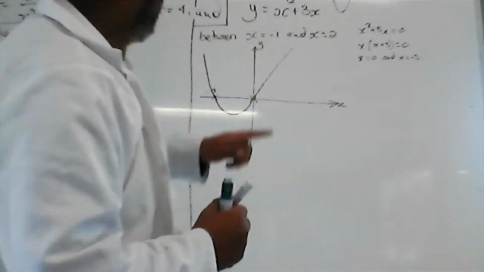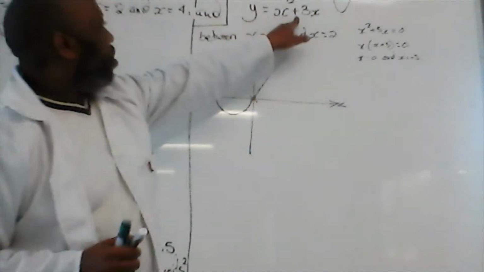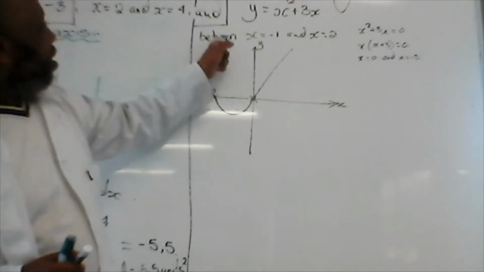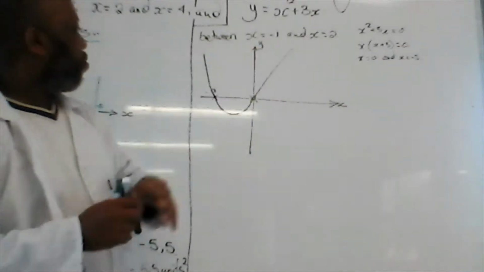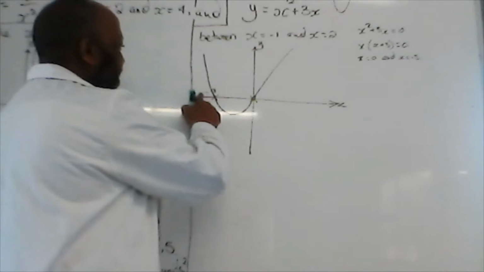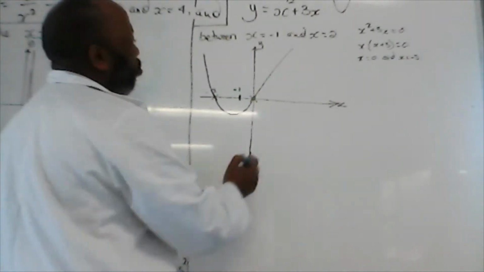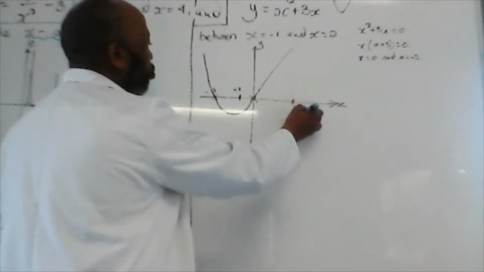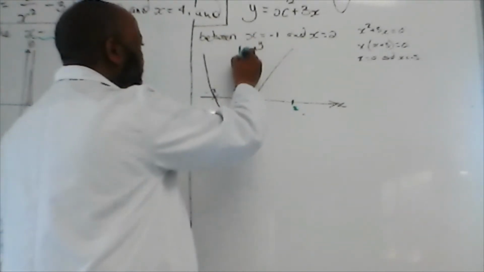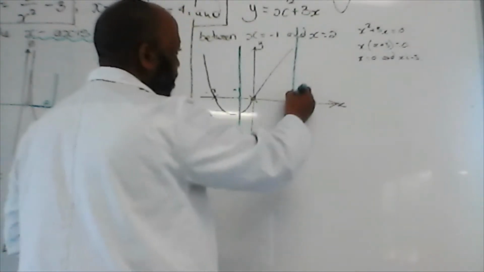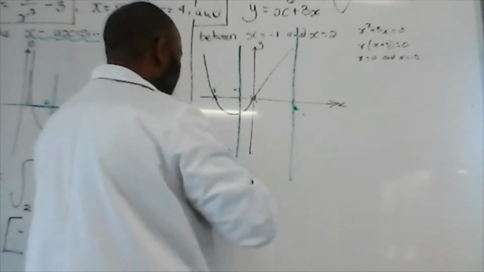Let's go back to the question. So that's the graph, there's the curve. Now which region are we looking at here? Between x equals -1. So if this is -3, I'm going to set my -1 to be there. And x equals 2, I'm going to set my 2 to be there. I'm going to draw straight vertical lines passing through these two boundaries at +2 and -1.